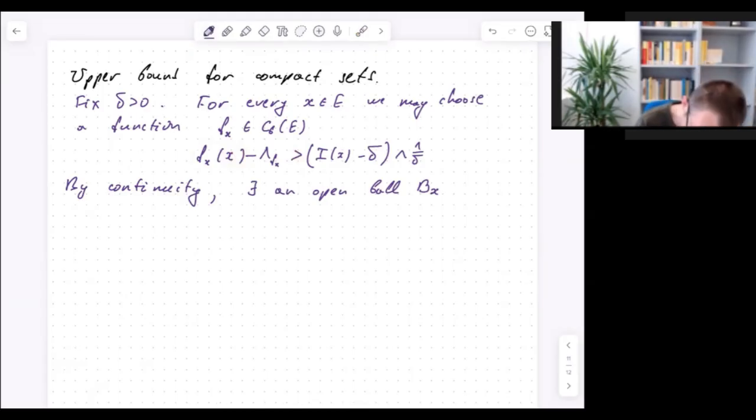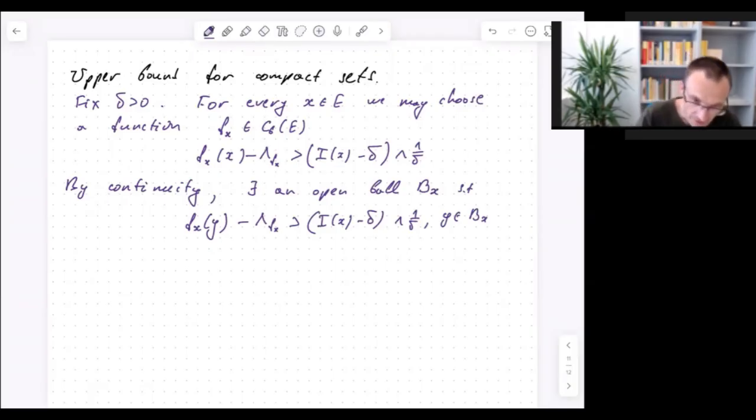So therefore, you have an open ball such that f_x(y) minus constant lambda f(x), where x, you remember, is fixed, is larger than this constant 1 over delta, for every y from that ball.